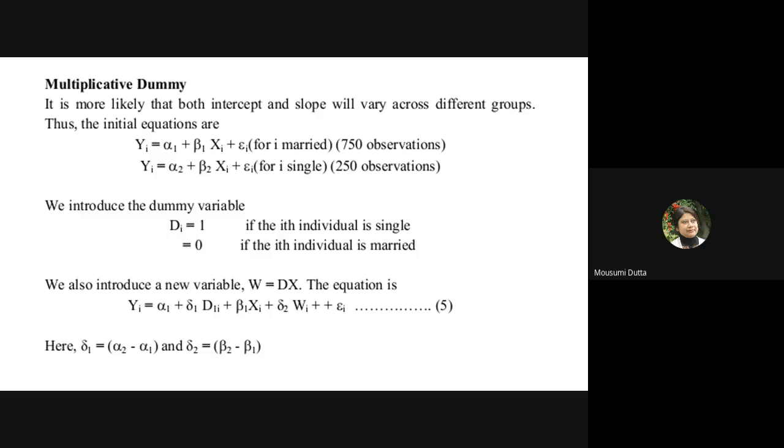It's the same concept. We are applying the difference between the slope or gradient coefficient of the current group and the reference category. Group 1, that is the married individual, is considered the reference category.